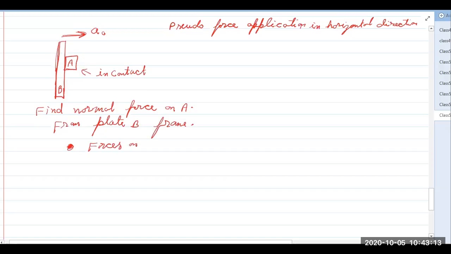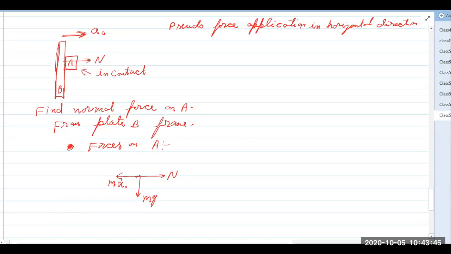The forces on A are, one, its weight, then we have a normal from here. Then we will have a pseudo force because the whole system is accelerated. The plate B is accelerated rightward, so the pseudo force will be leftward, ma naught. Since A is not moving on the plate frame, in the horizontal direction at least it is stationary.